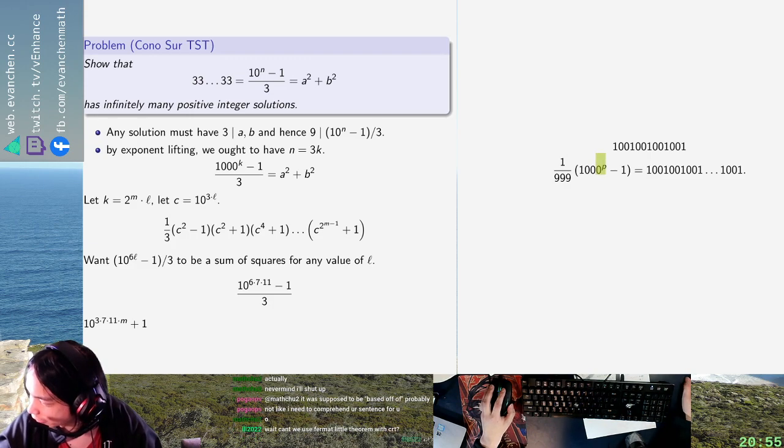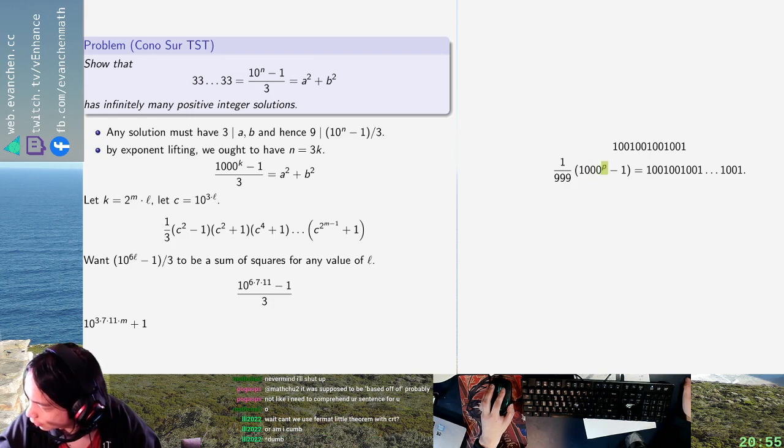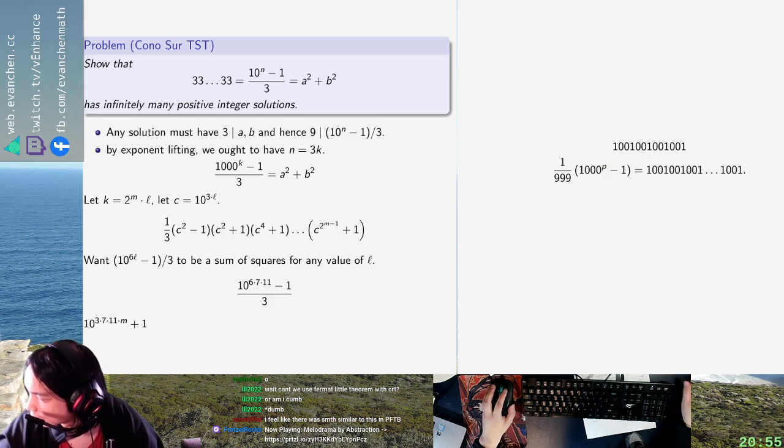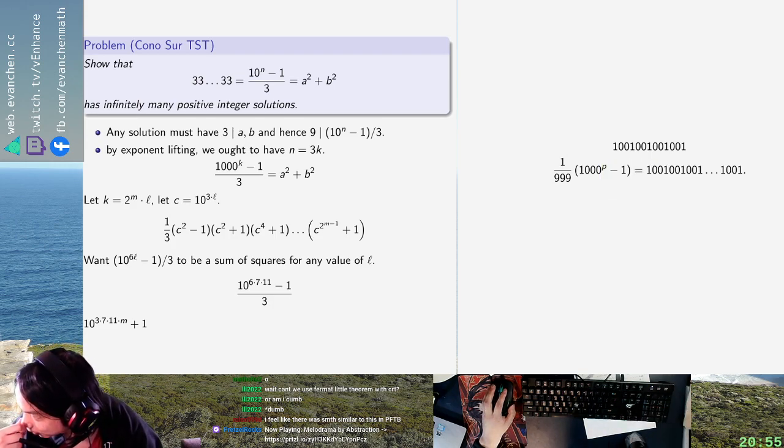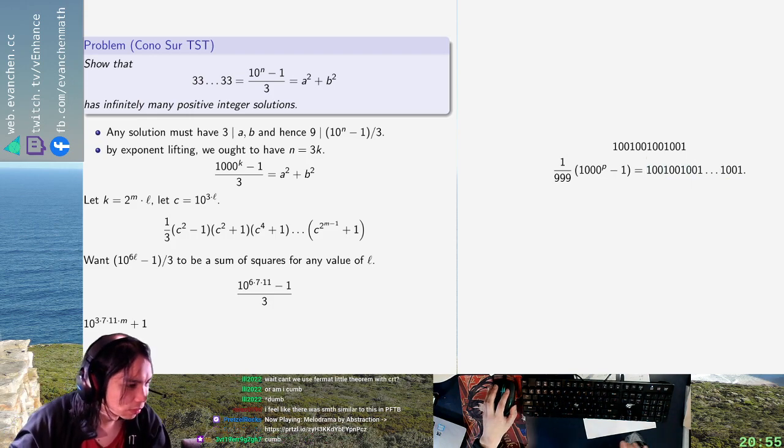So for the same reason we thought there were probably no even solutions, I think it's unlikely that we can get a solution by having really composite numbers as well. Right? So what am I supposed to do?